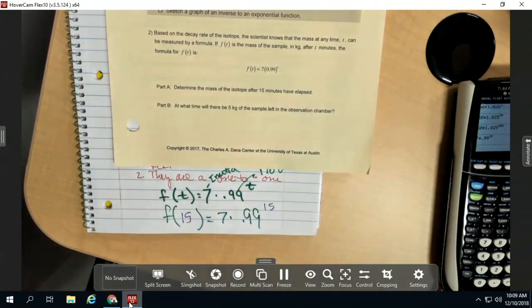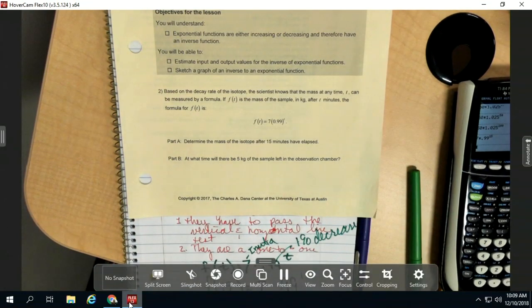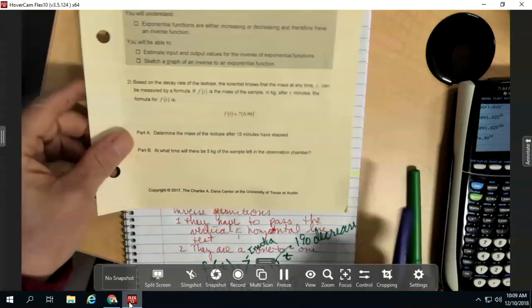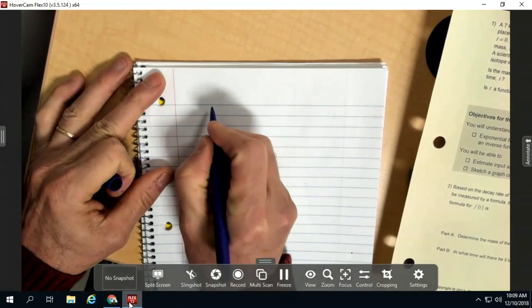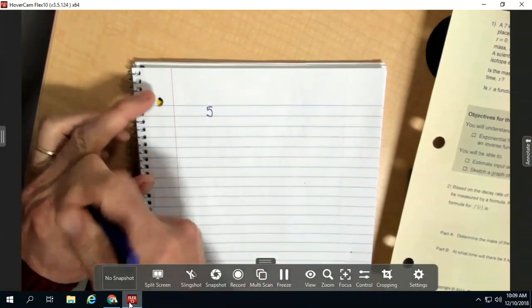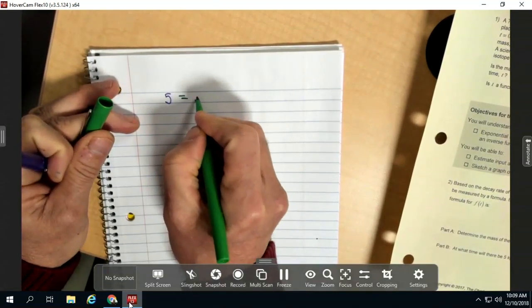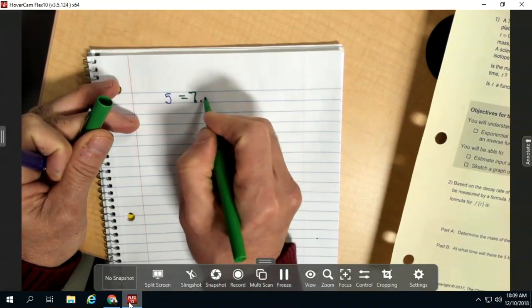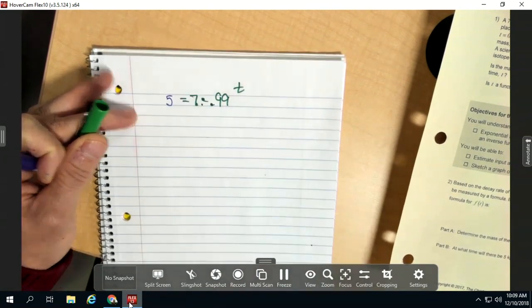The next question that it asks is, at what time will the mass be 5 kilograms? Okay, so now we want F of t to be 5 kilograms. So in other words, 5 is 7 times 0.99 to the t.